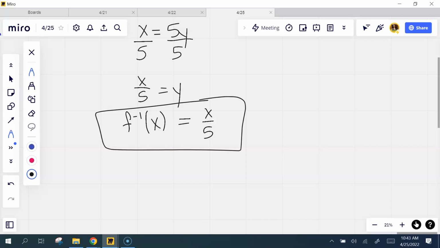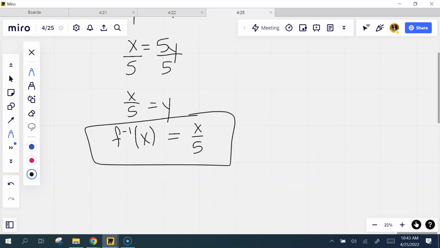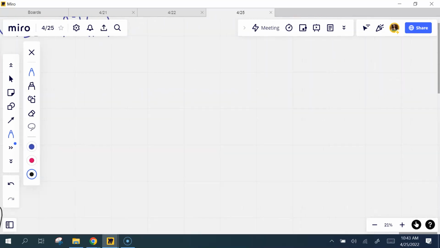You ready for the next one? Let's look at number 8. 7 is super easy. So let's move on to 8 because it's a little bit harder.